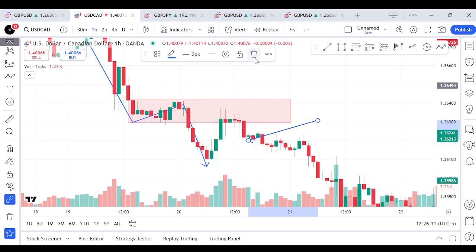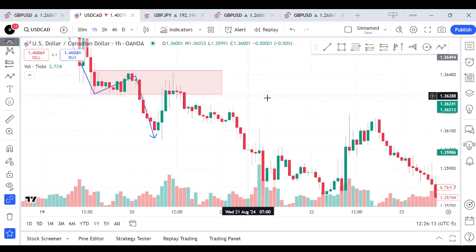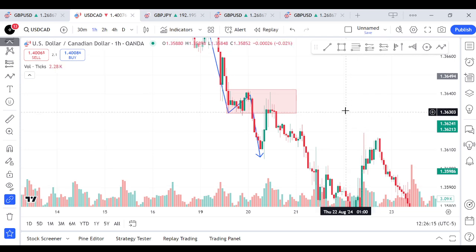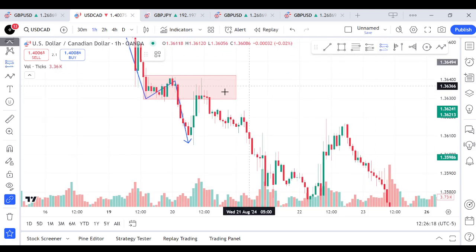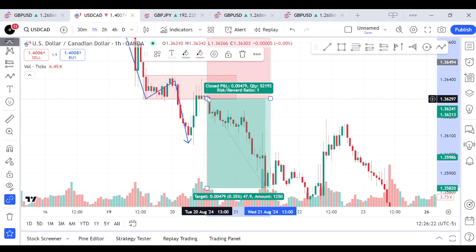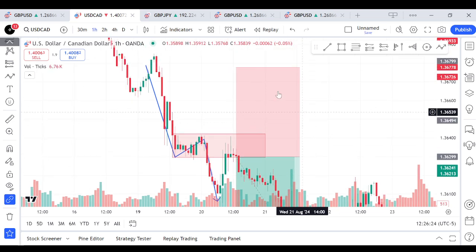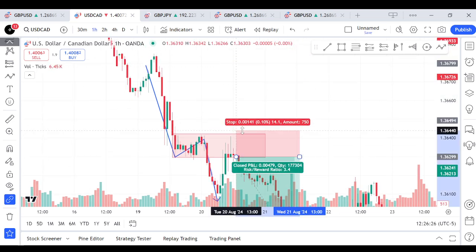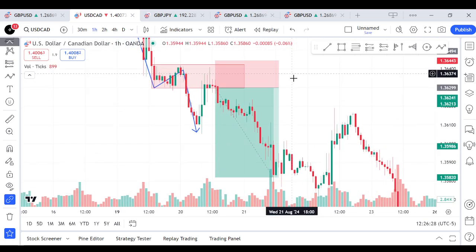That was how we were able to enter for this push to the downside, and this gave us another wonderful trade. After we saw all these confirmations, we could enter with our stop loss just above that base, the high of the base.